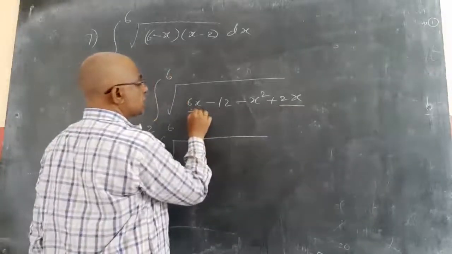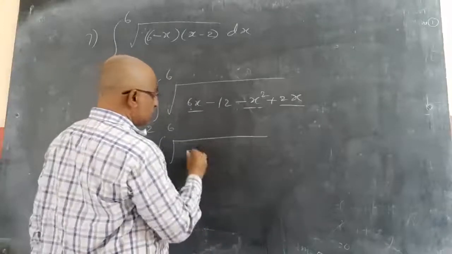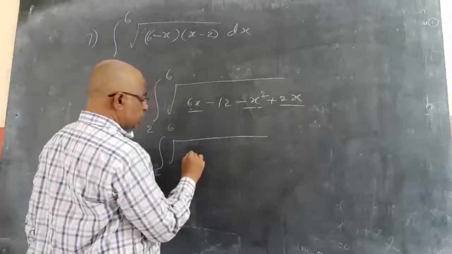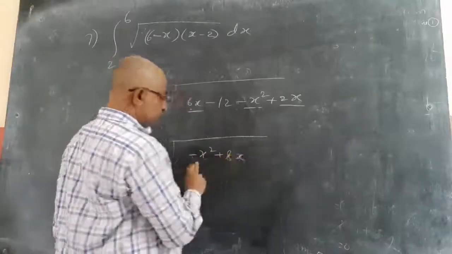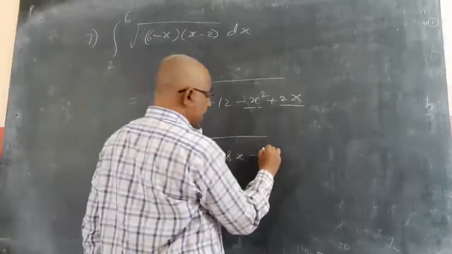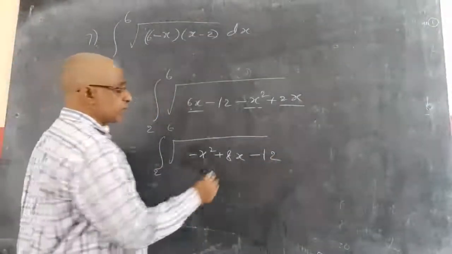What I want to say is, from these two terms I want to take minus common, that's why I will do it in the next step. So what we have is minus x square plus 8x minus 12. You have a quadratic expression, so we can go for completing square.